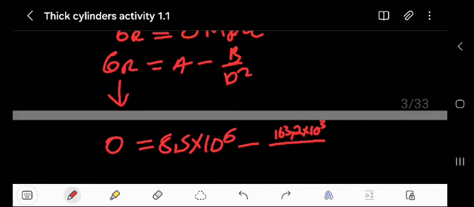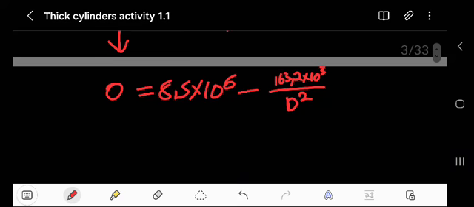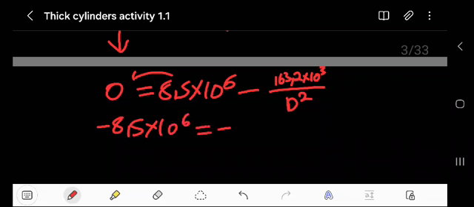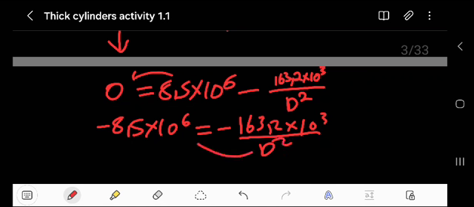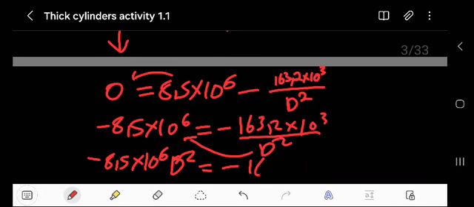Our diameter we don't know at the external, isn't it? So we take this to the other side, it will be minus 8.5 times 10 to the power of 6 is equal to negative 163,2 times 10 to the power of 3 divided by d squared, right? Then I multiply there by d, minus 8.5 times 10 to the power of 6 d squared equals negative 163 times 10 to the power of 3.